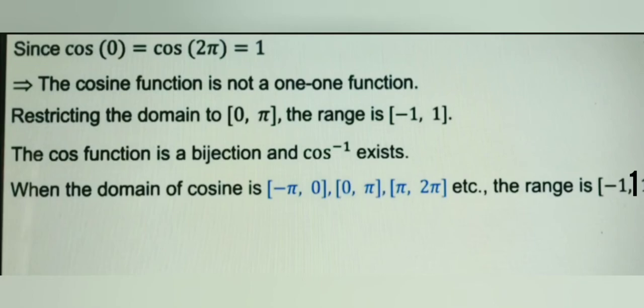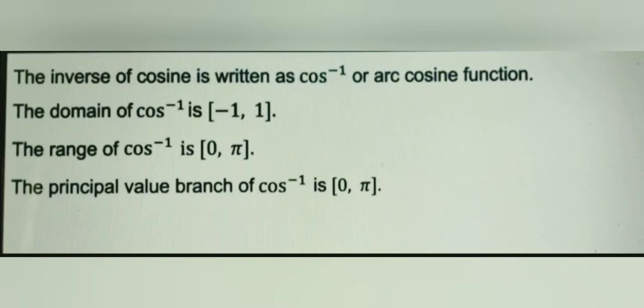Therefore, when the domain of cosine is restricted to the closed interval -pi to 0, or 0 to pi, or pi to 2 pi, and many more, the range is the closed interval -1, 1. Therefore, the inverse of cosine exists.